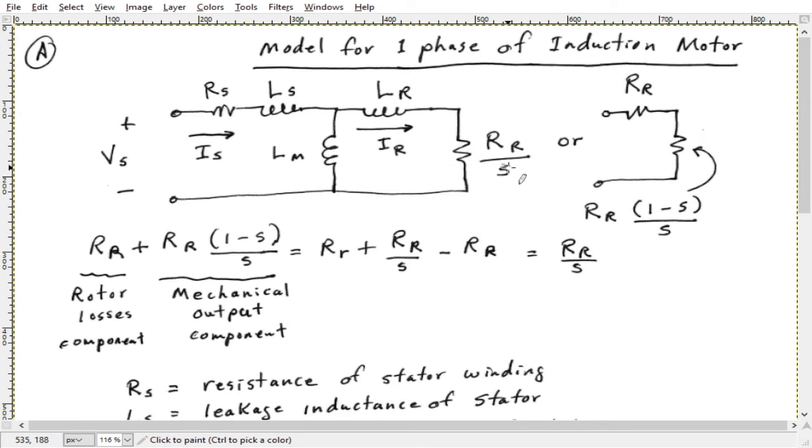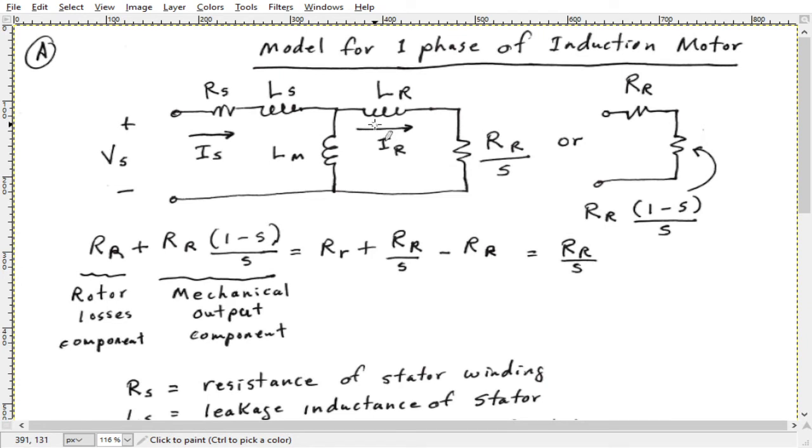So if you're talking about a locked rotor or just starting up, then this is going to be a really small resistor, 0.144. This right here is going to be a really small resistor, and so you're going to have a lot of current flowing through here. In fact, this inductance is usually much larger than these two values here. You're going to have some current flowing through there, but most of the current will flow through here.